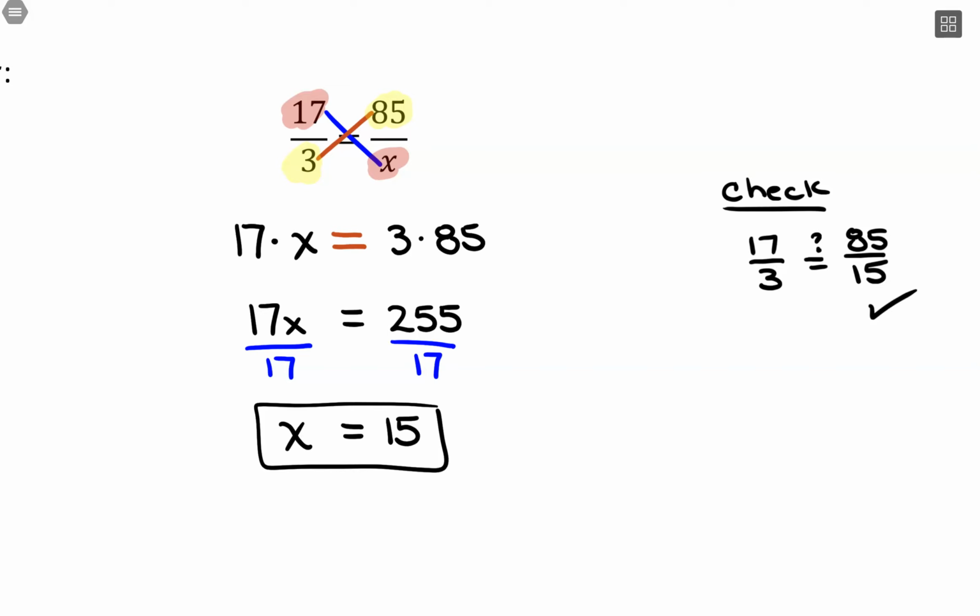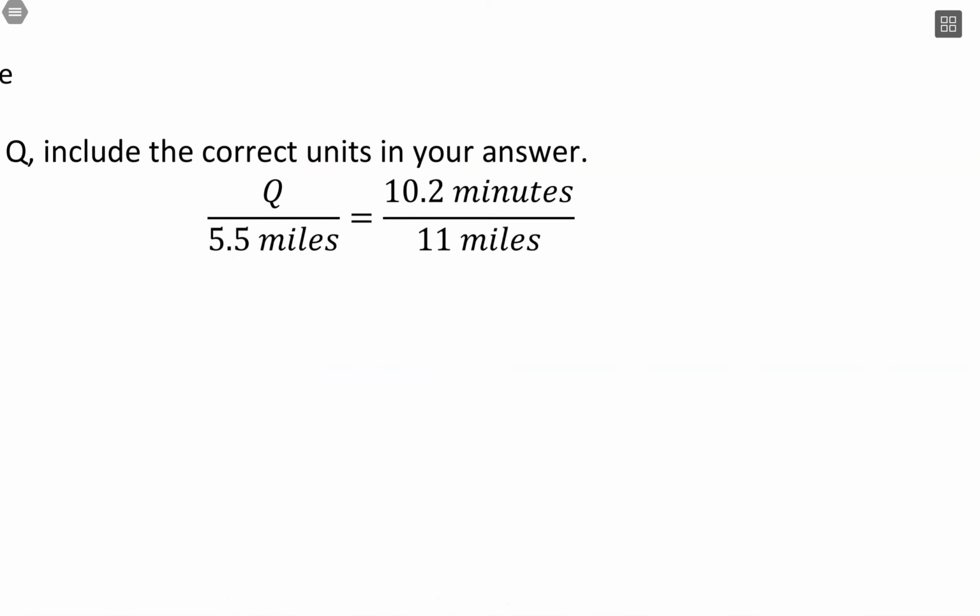All right, let's look at an example that deals with units. So what if we were dealing with rates? So in this case, we're dealing with a rate that's minutes to miles. And this is a case where our unknown is in the numerator. So there's two ways to go about this.